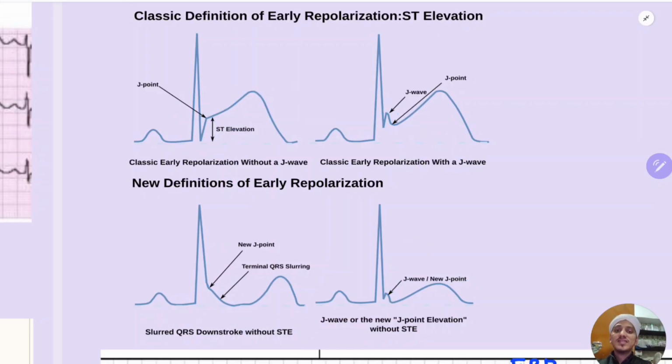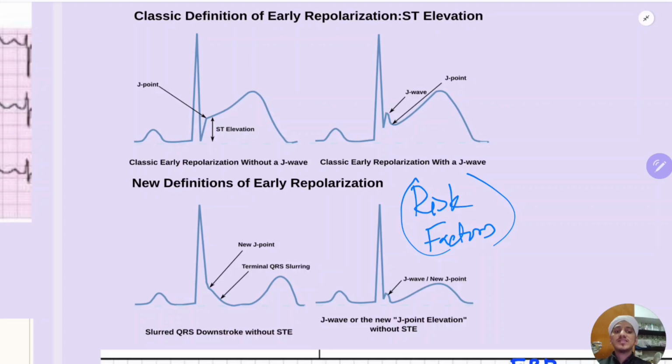So remember these early repolarization patterns, these are very common, and recently they have called these early repolarization patterns risk factors. In patients having an early repolarization pattern, you should search for risk factors like diabetes, hypertension, obesity, dyslipidemia.